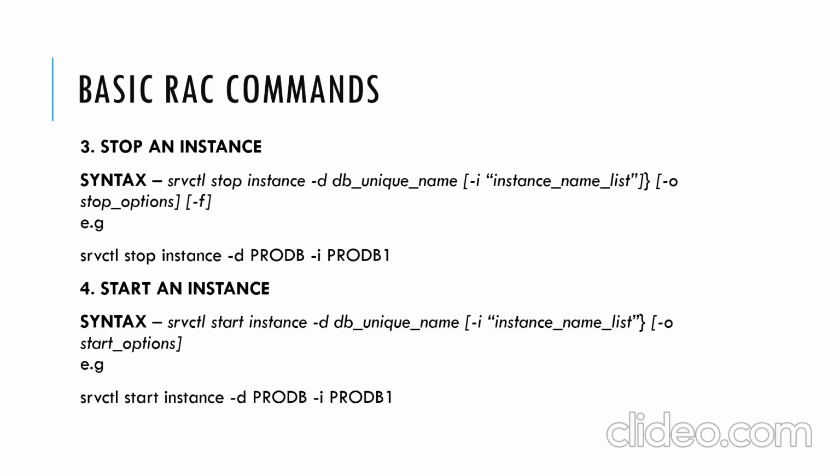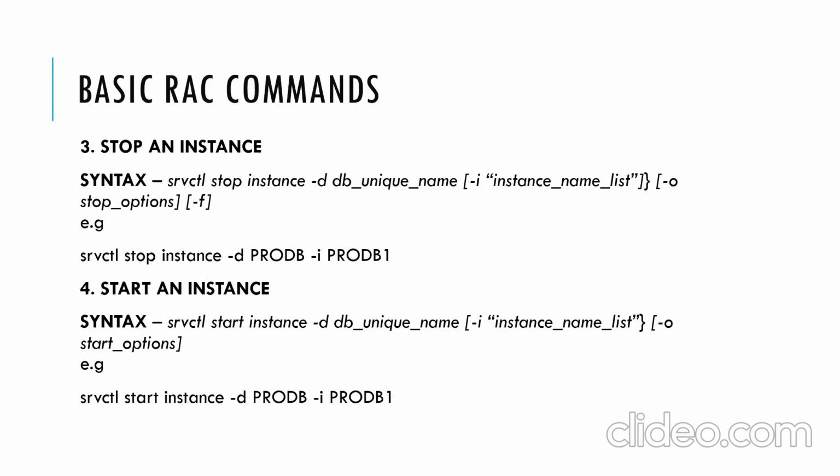Similarly, we have start an instance. Syntax is srvctl start instance -d db unique name -i instance name list -o start options. Here also we can provide the list of the instances which we want to start, or else if you give a particular instance name, it will start that particular instance.